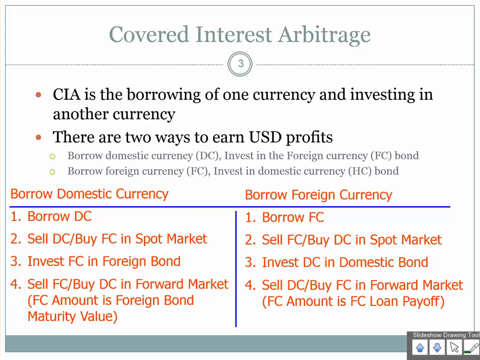So remember, a covered interest arbitrage strategy is either borrowing in dollars or borrowing in foreign currency. If I borrow in foreign currency, say the yen carry trade, I'll borrow yen, buy dollars, and buy a U.S. Treasury.